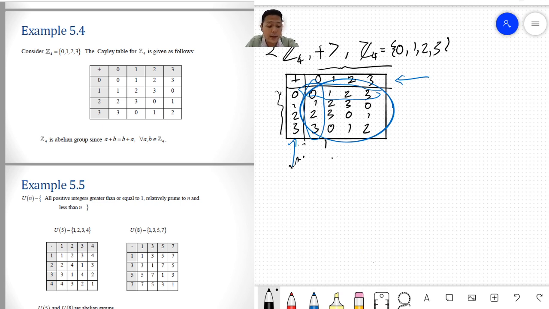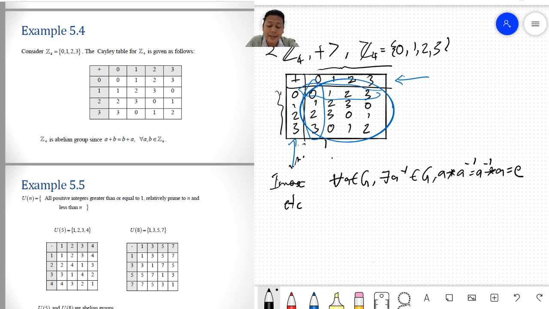For the case of inverse, it must mean that for every A in this G, there exists its inverse, also in the same G, such that A, A inverse is equivalent to A inverse, A, you get back E. Right now we know our case is E is 0.